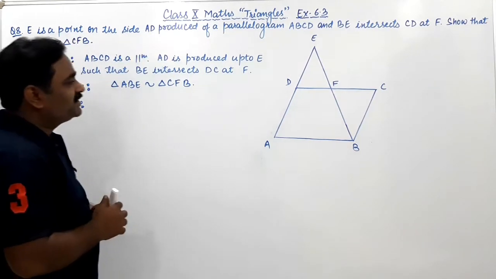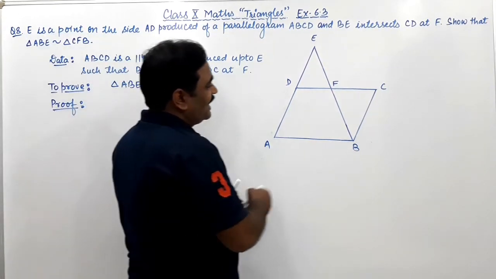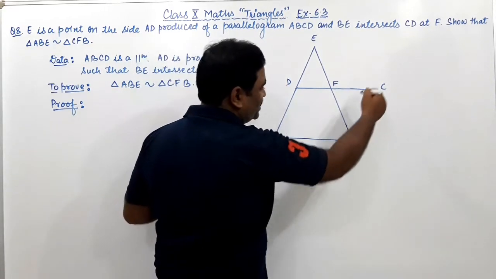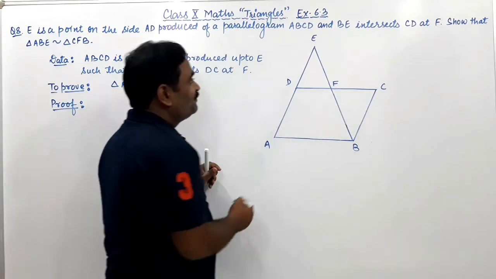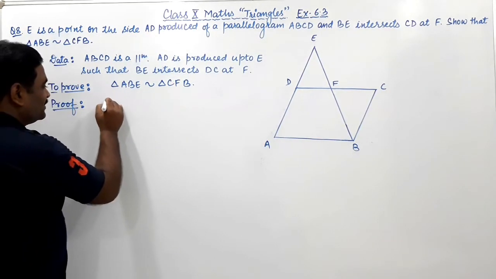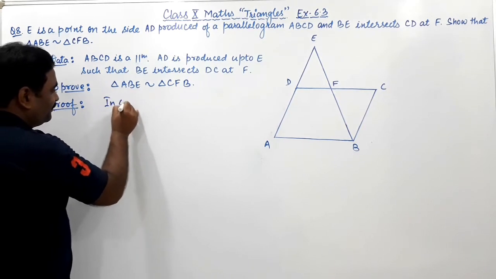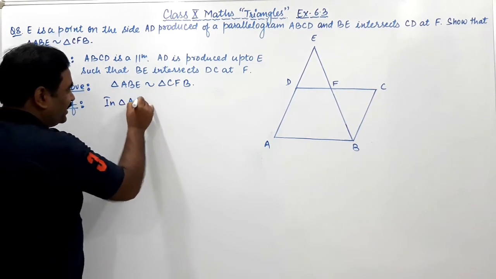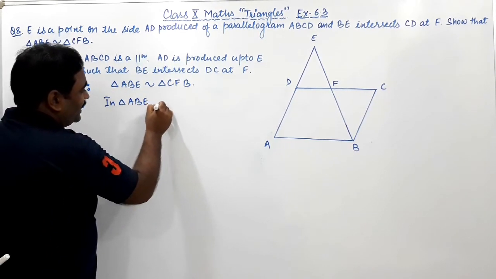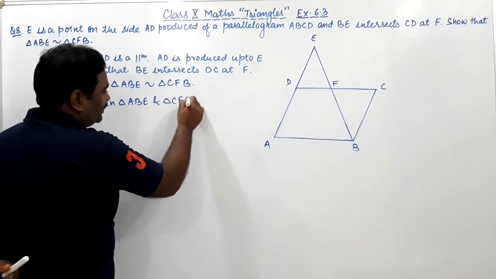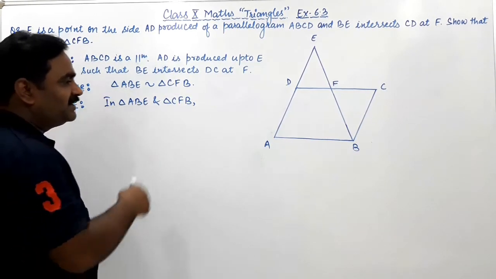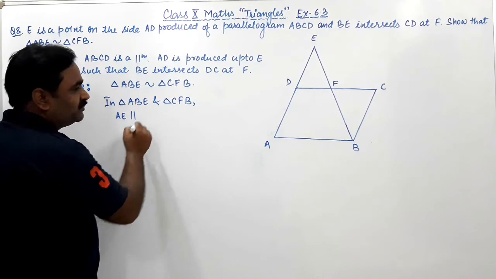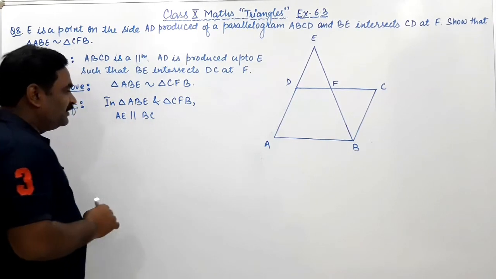Now let us see, is there any angle in this? As ABCD is a parallelogram, it means AD is parallel to BC. In these two triangles we are comparing, ABE and triangle CFB, AE is parallel to BC.